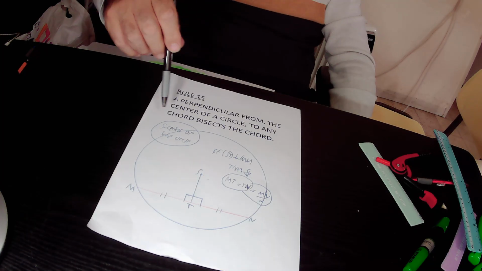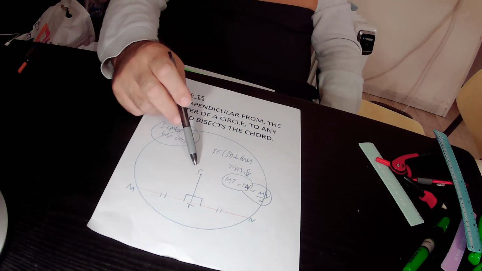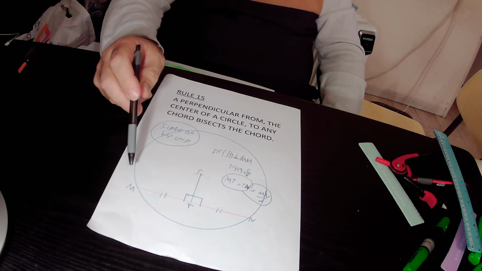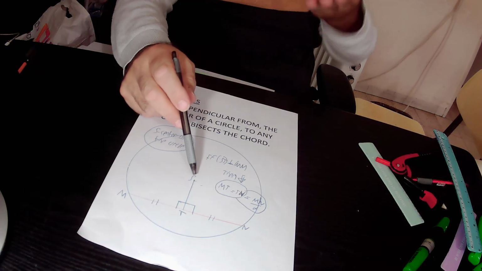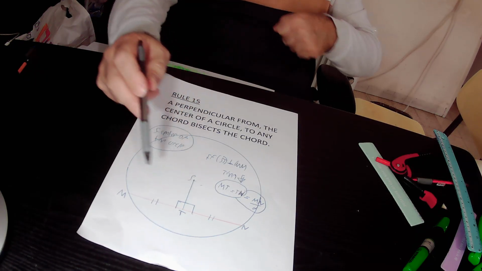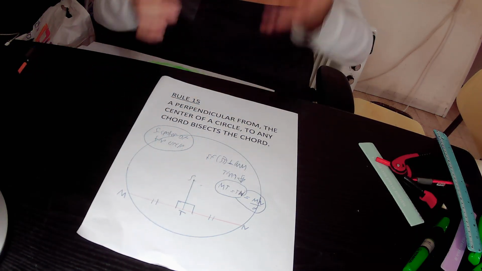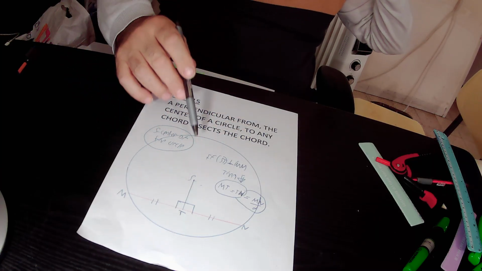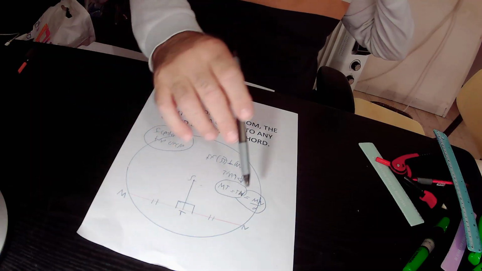In the moment we have a circle, point S, the center of this circle. From point S, we have perpendicular ST on chord MN. And according to rule 15, perpendicular ST bisects chord MN. That is to say, ST divides chord MN into two halves.